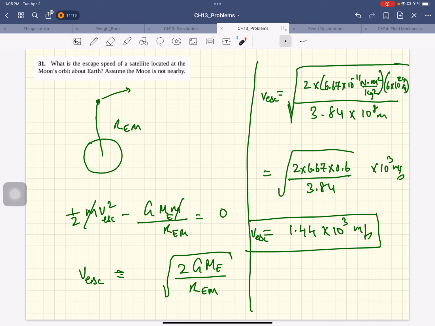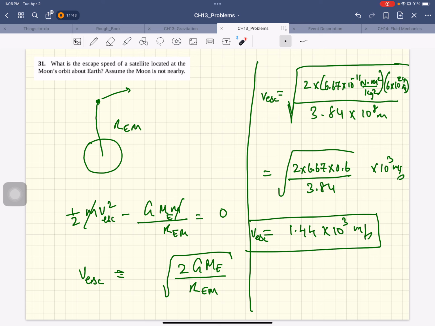So let's look up the moon's orbital velocity. 1.02 kilometers per second.